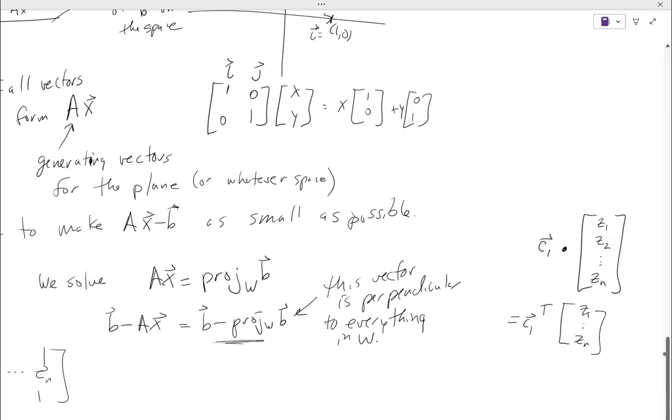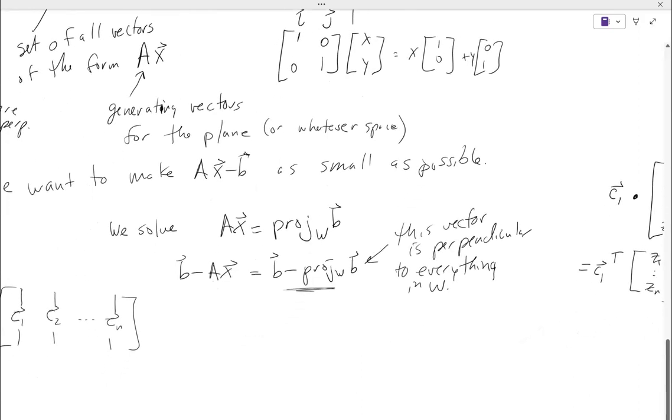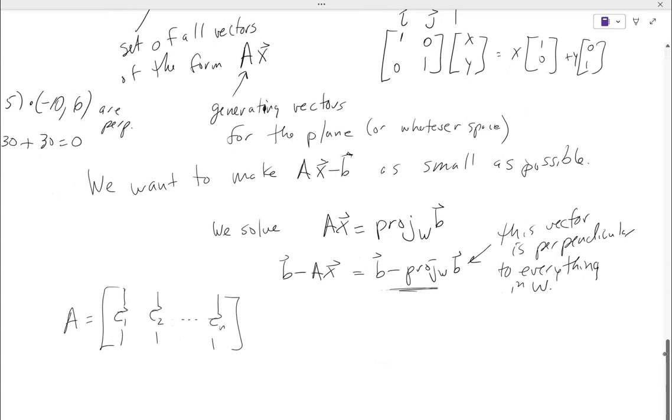I want to do that for every single thing in my space. Well, again, I need to take each of these columns and do the dot product with this thing and get 0. If I want to do each of those and change columns into rows, I'm going to take the transpose of my entire matrix. So if I multiply both sides by A transpose, the right-hand side is the 0 vector.